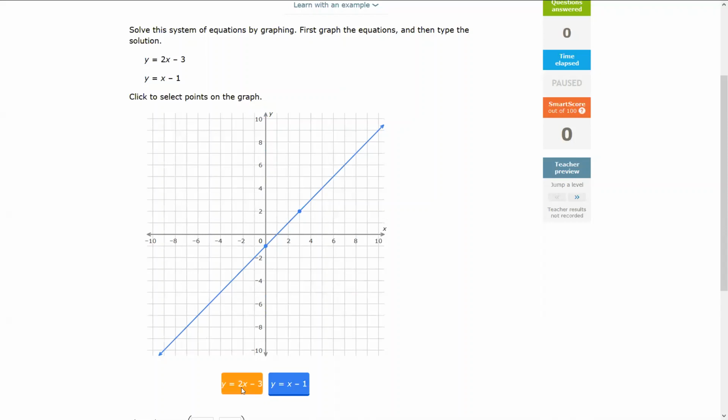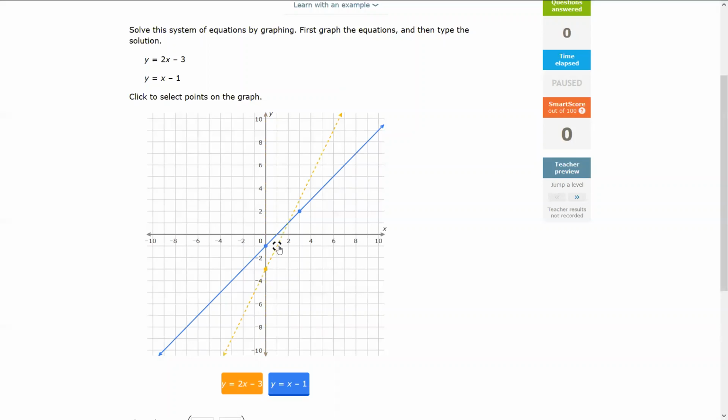Then I click on the yellow line, y equals 2x minus 3, and I say, okay, -3 is my y-intercept, 2 is my slope. So I start here and I go down 1, 2, 3, -3, that's my y-intercept. I click there to place my point, and then I say my slope is 2, or if I wanted to write that as a quote-unquote fraction, I could say 2 over 1, which means rise 2, run 1. So I'll do that here.